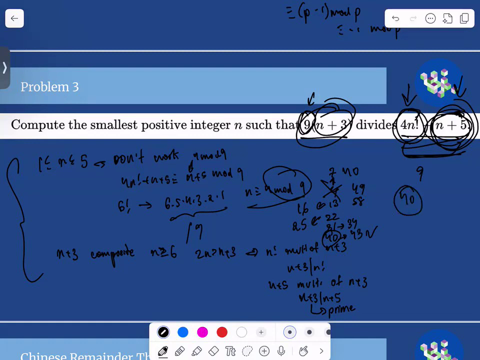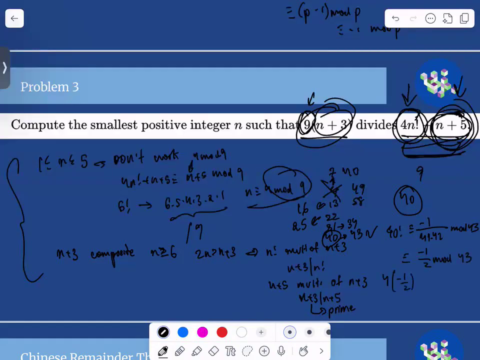And the way Wilson's theorem comes into play in this is if you want to check your answer, you can note that 40 factorial is congruent to -1 over 41 times 42 mod 43. And that's just congruent to -1 over 2 mod 43.